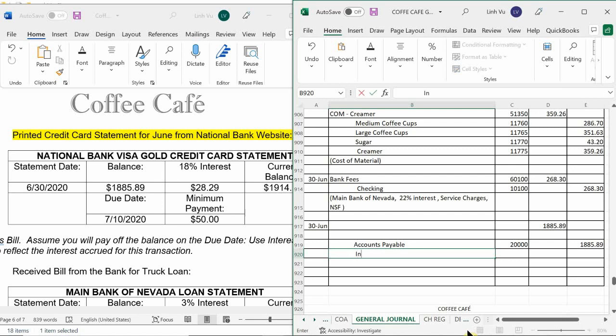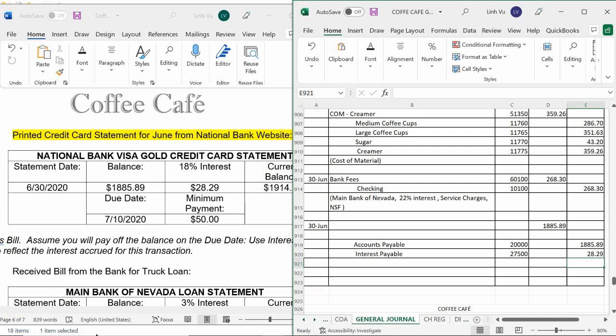In this case, since I'm not going to pay it now and I choose to pay later, I'm going to be recognizing that I owe interest, which is account 27,500. And how much is my interest? $28.29. Okay.